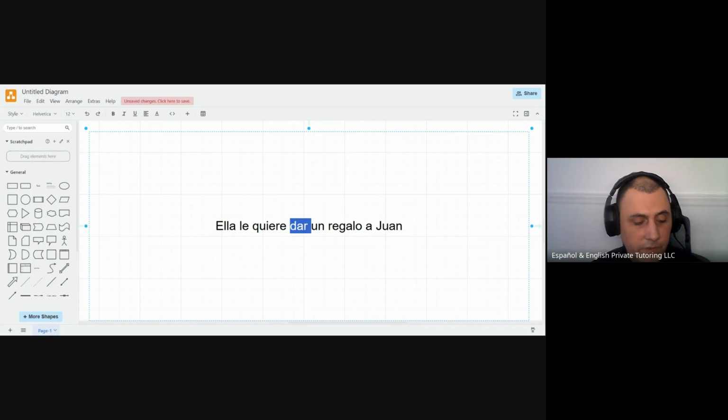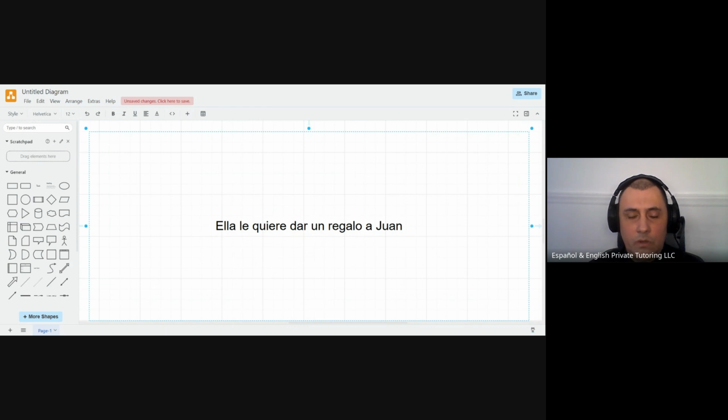What is a transitive verb? It's a verb that requires a direct object to have meaning, or that uses a direct object, because the same verb can also be used in the intransitive way, which is the opposite. Ella le quiere dar un regalo a Juan.